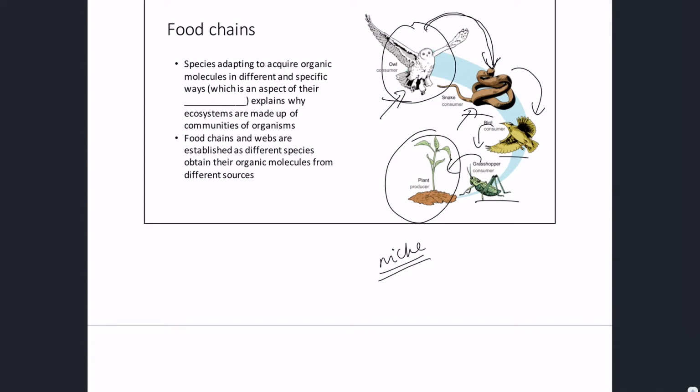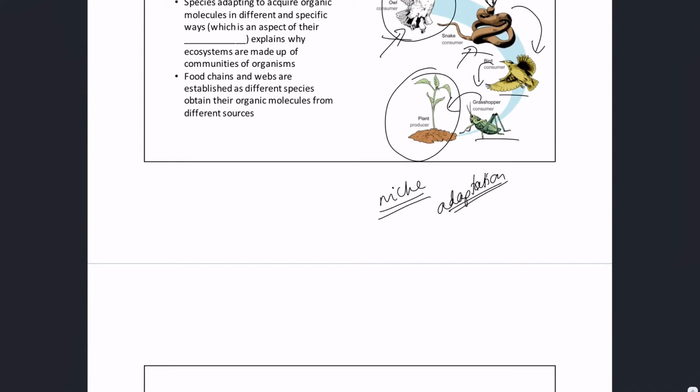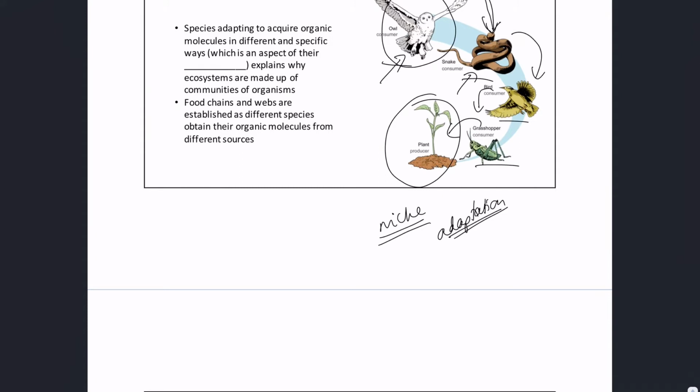Okay? So the ideas of adaptation and niche that we encountered in topic 4 are built upon next. So one reason why we have all these different organisms in the ecosystem is because they have had to adapt differently to ensure that they have a source of energy.